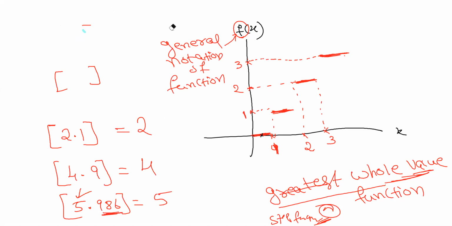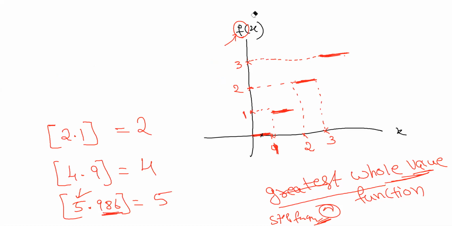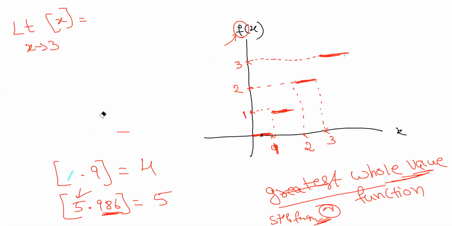Now, the reason you are studying this step function is because you are studying limits. They will ask whether the limit exists as x tends to 3 of step x. Simple. What we have to do is take the left hand limit and right hand limit.